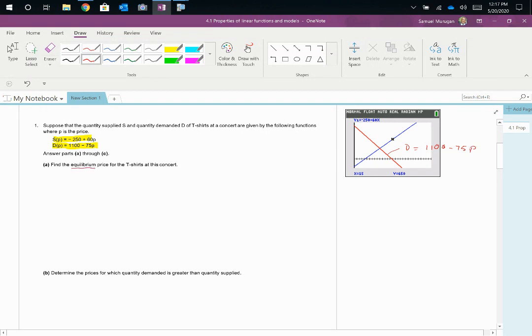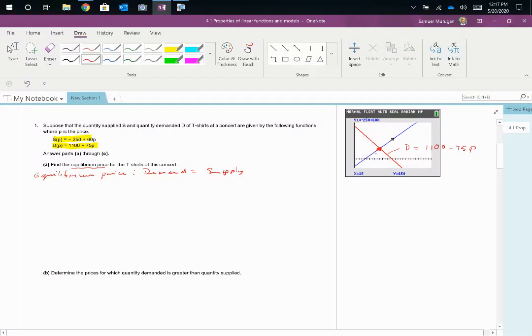Now they're asking us to find the equilibrium price. The equilibrium price is the point at which demand equals supply. Remember here that p is the price, so the x value here is the price. So they're asking us to find that point right there.